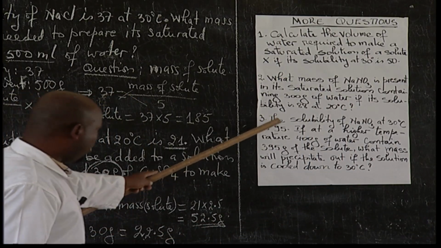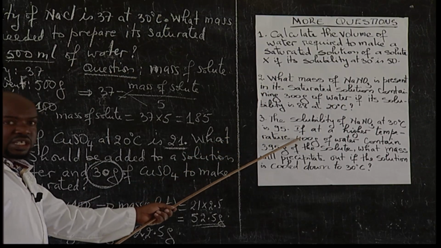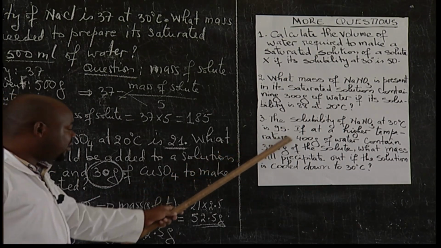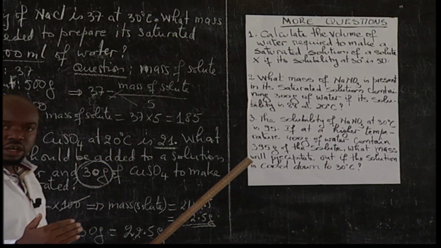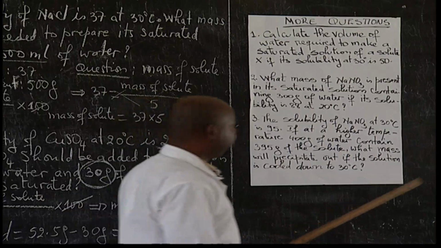This is almost the opposite of what we have here. Here we have a supersaturated solution, but there we had an unsaturated solution. So here you will find the mass that will be removed when the solution is cooled down.